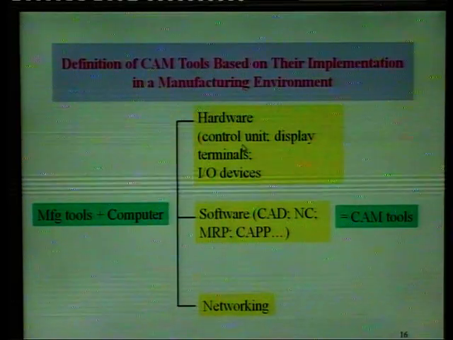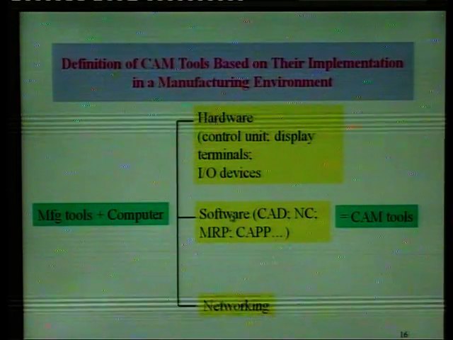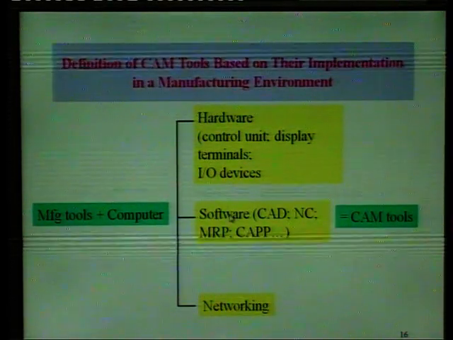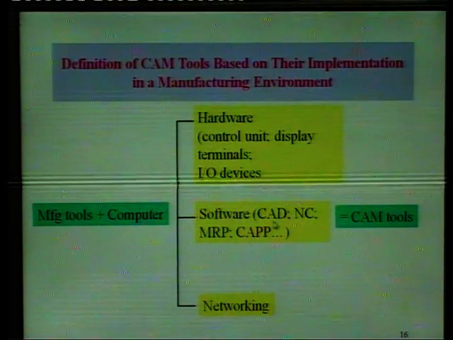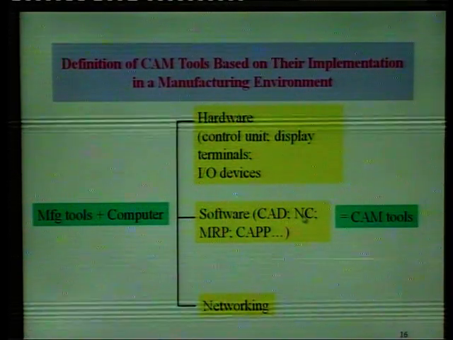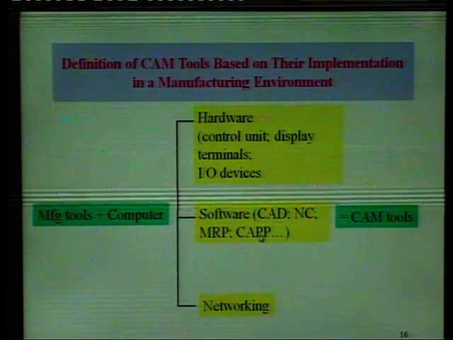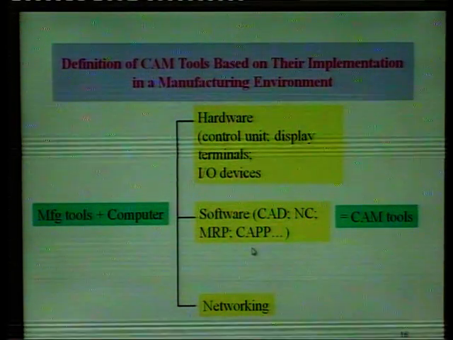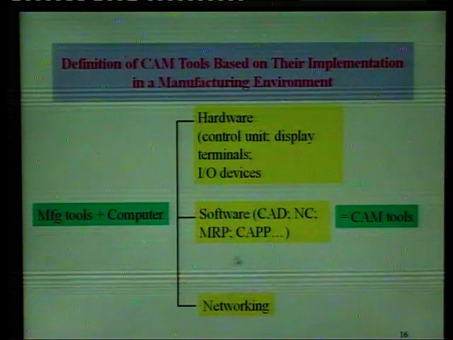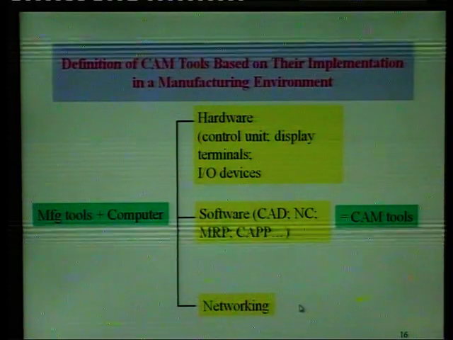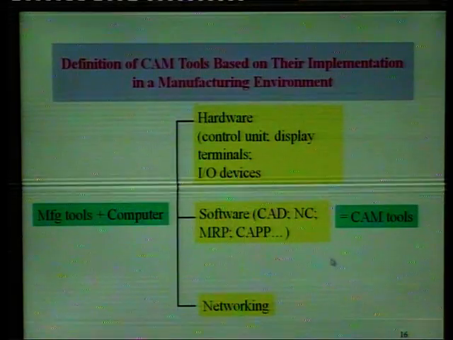Then we need certain software to realize this function, such as CAD software, NC part programming software, MRP material requirement planning software, CAPP computer aided process planning software, etc. And the third level is the need of networking.